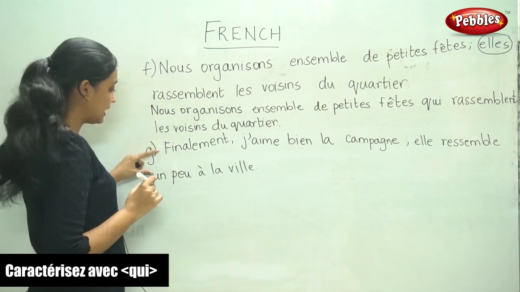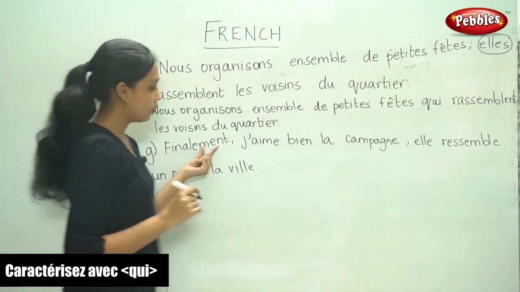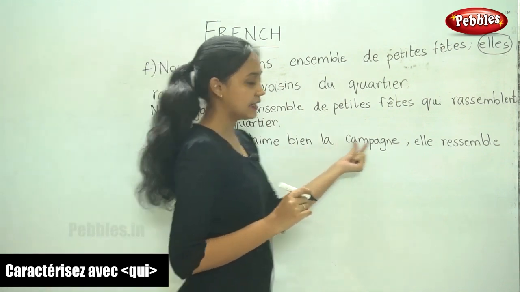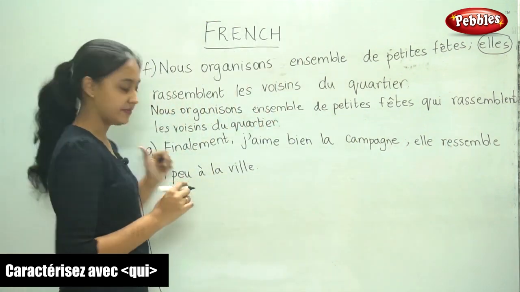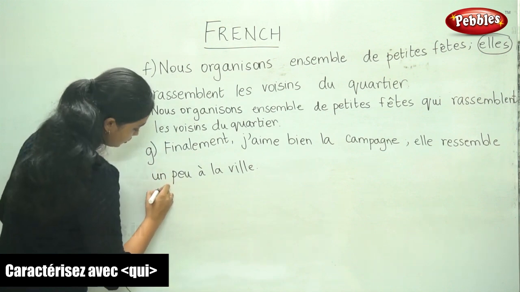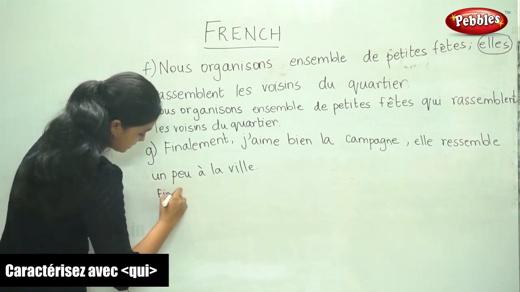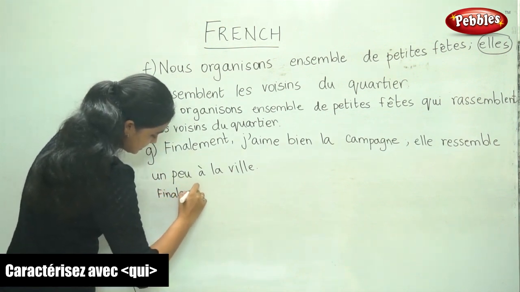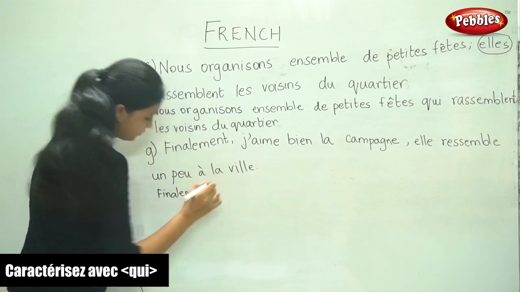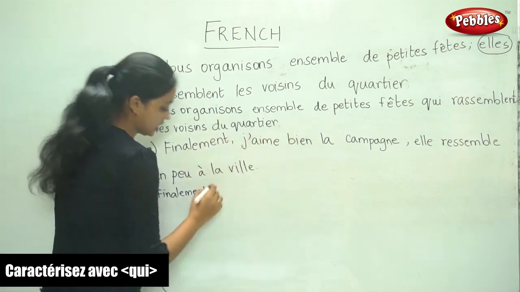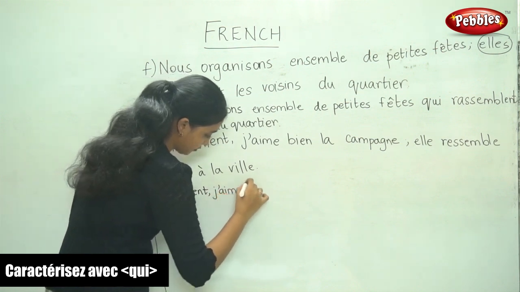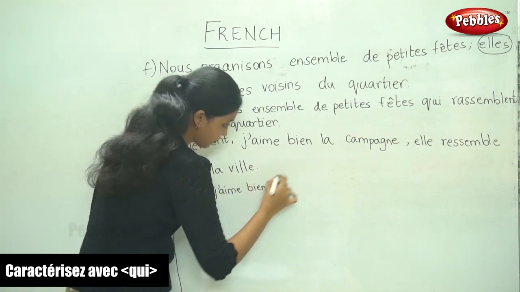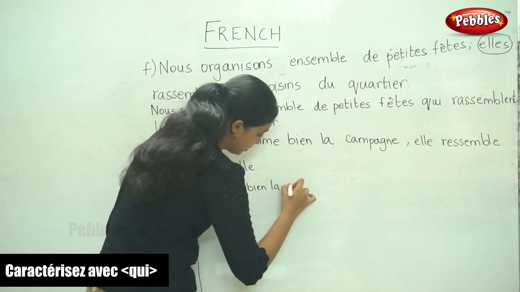And finally, the last sentence. Finalement, j'aime bien la campagne. Elle ressemble un peu à la vie. So, write the first part of the sentence as it is. Finalement, j'aime bien la campagne.